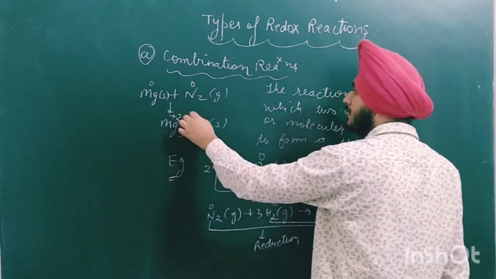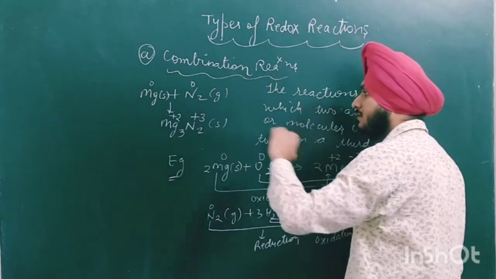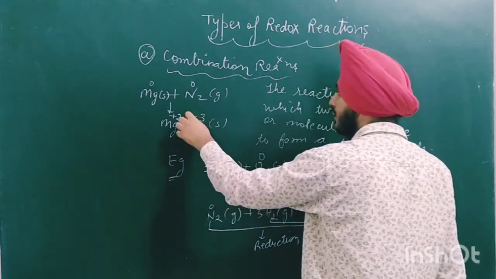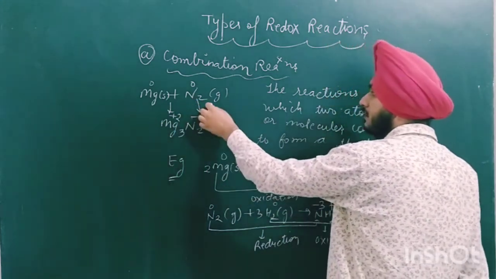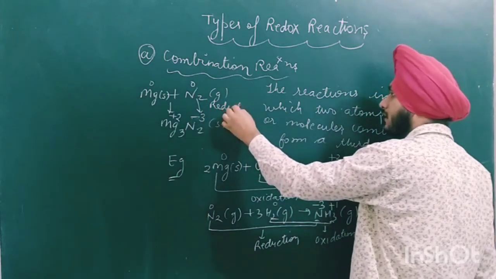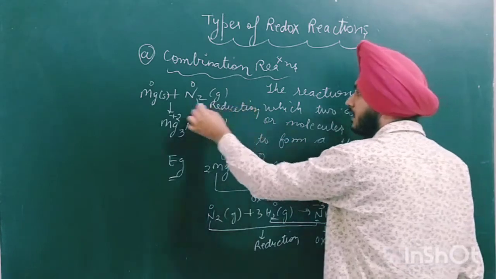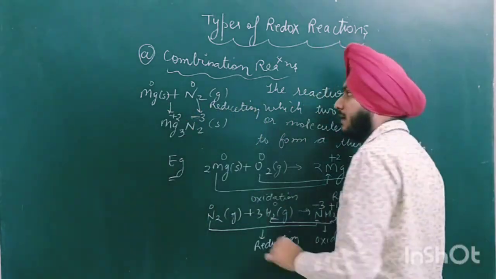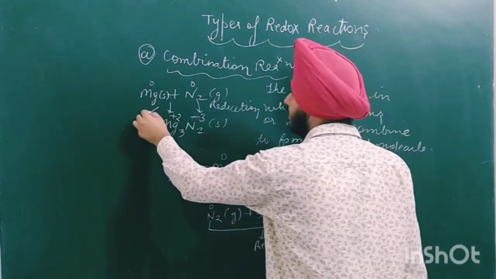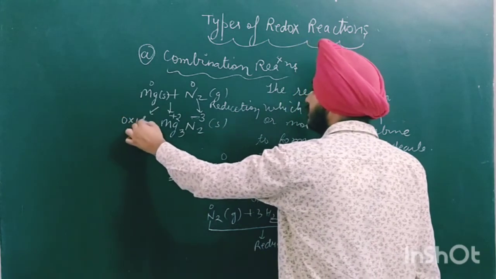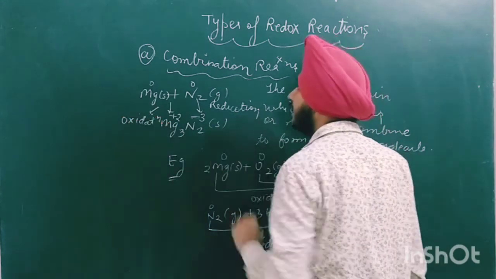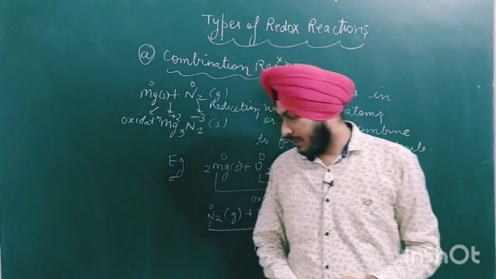Here magnesium is in +2 and nitrogen is in -3. So 0 to -3 reduction takes place, and similarly magnesium goes from 0 to +2, oxidation takes place. So this is the first type of redox reaction, combination reaction.